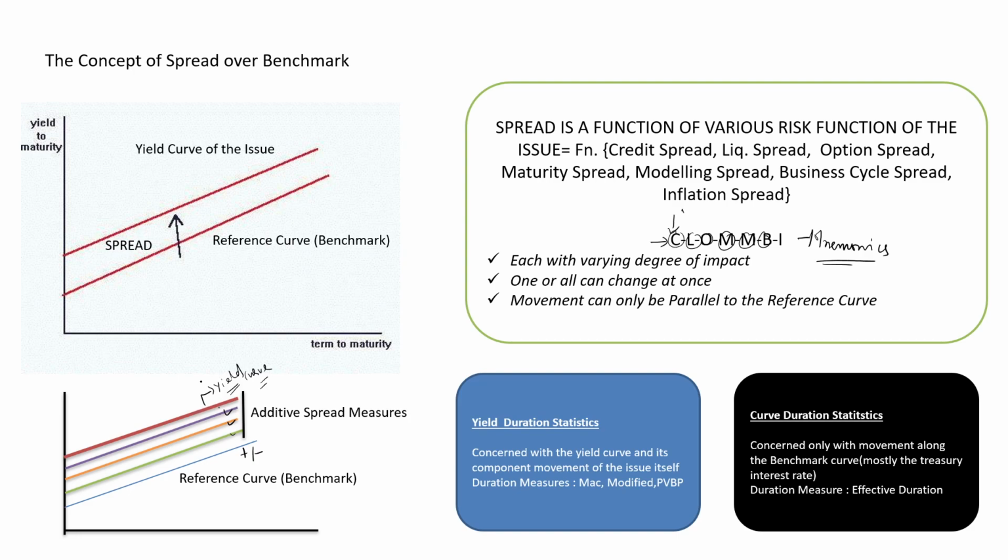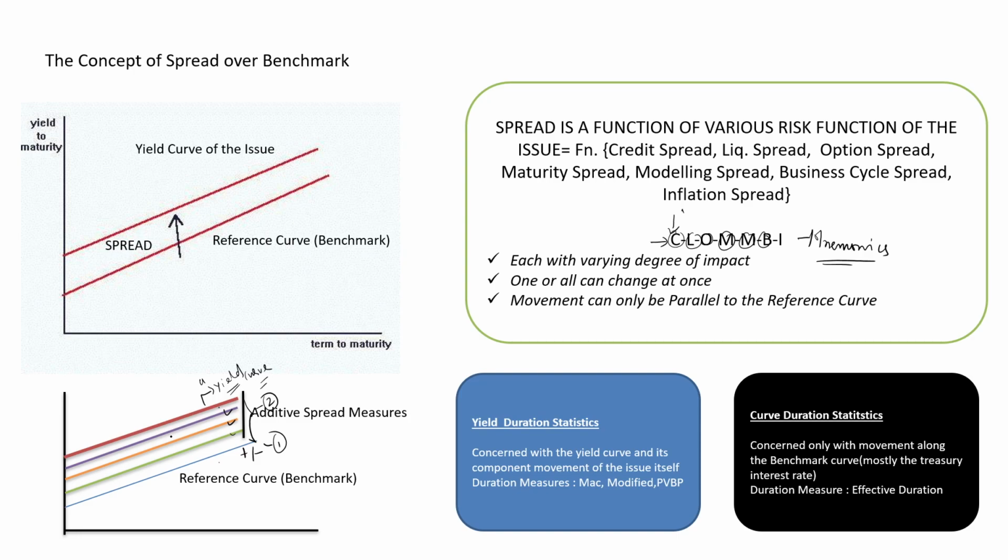So this yield curve could be shocked because of the reference benchmark, as well as any or all of the interim spread measures themselves. Now, one thing that we need to understand is that all of these movements that we have talked about so far are parallel in nature. Which means that with the reference benchmark being shocked, all other things remaining constant, if the reference benchmark moves up or down by 100 basis points, the yield curve will move 100 basis points across all the maturities.